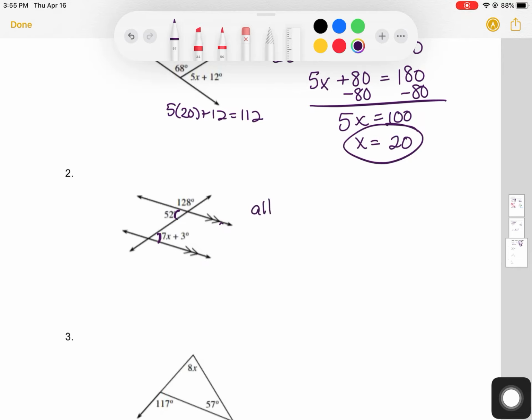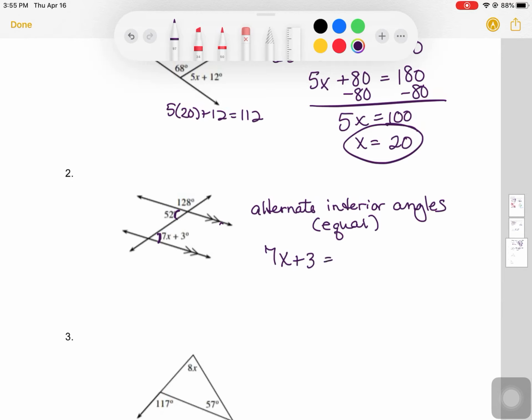We see that because they have the markings right here that show us they're parallel. And alternate interior angles are equal in measure. So then we could simply say 7x plus 3 equals 52.